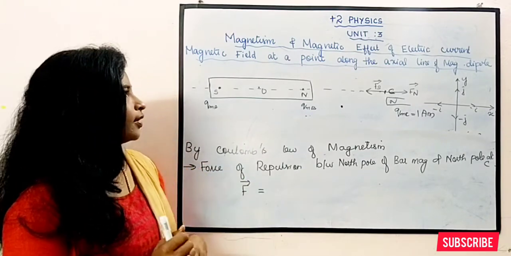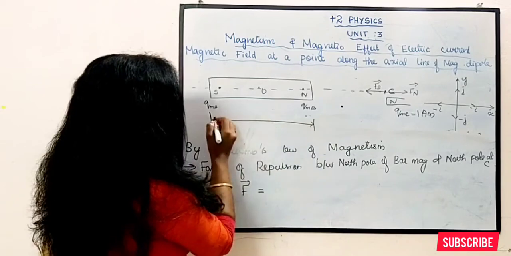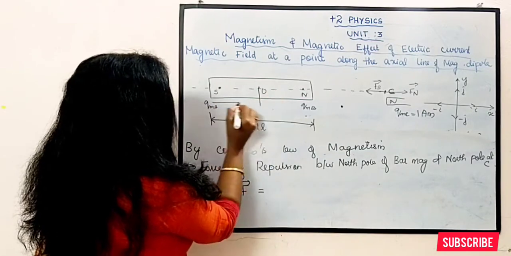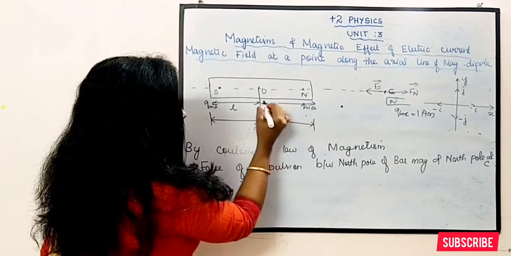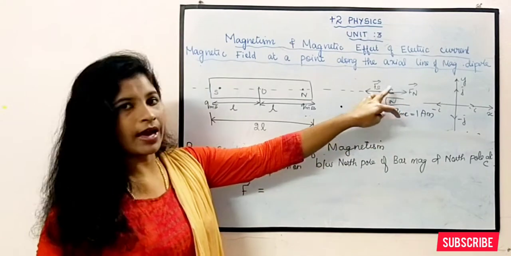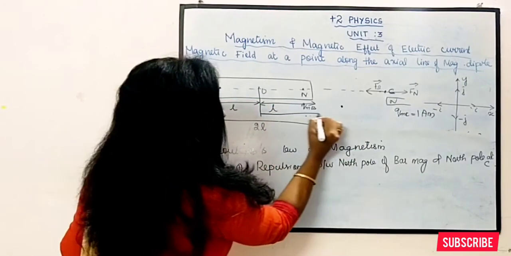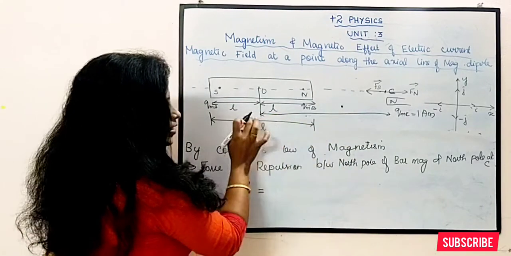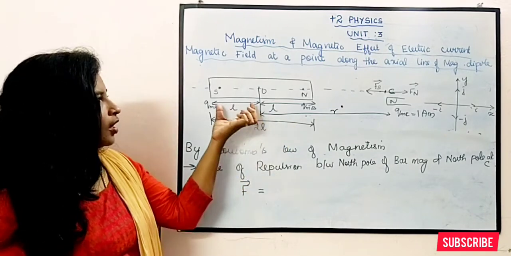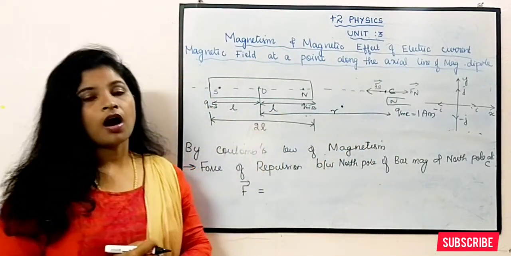Before that, we assign some lengths. The total length of the bar magnet is 2L, so from the center this side is L and this side is L. Then we take the point C on the axial line, where we have placed the unit north pole, and its distance from the center is taken as R. Clear?